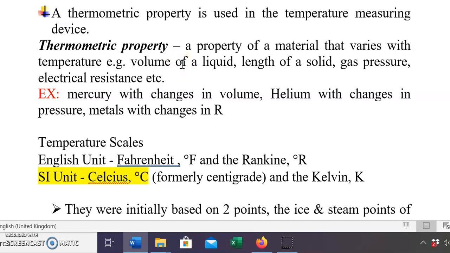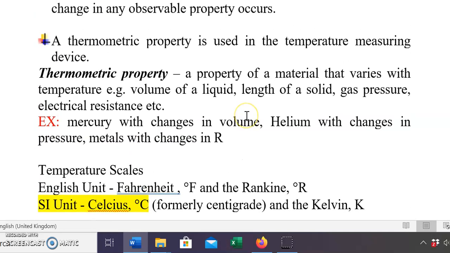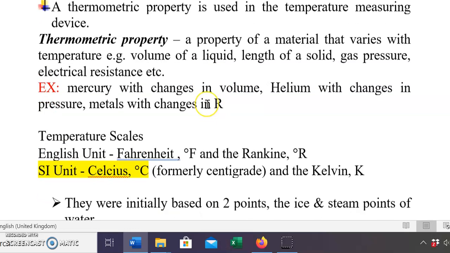So the volume is the thermometric property. For helium, the pressure expands. So these are the material properties needed in temperature measuring devices.